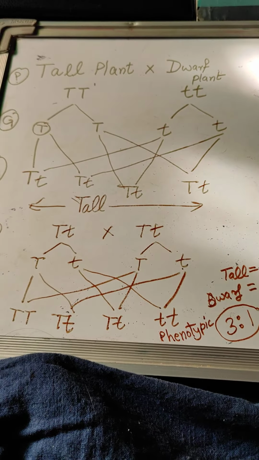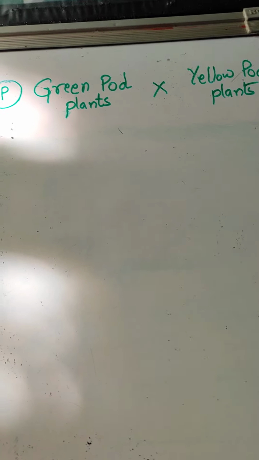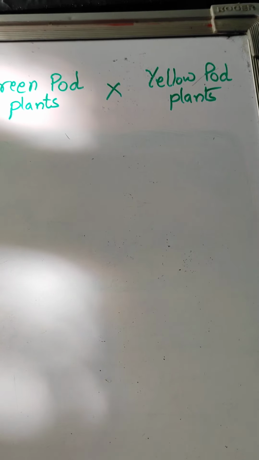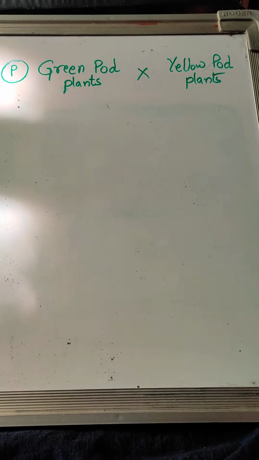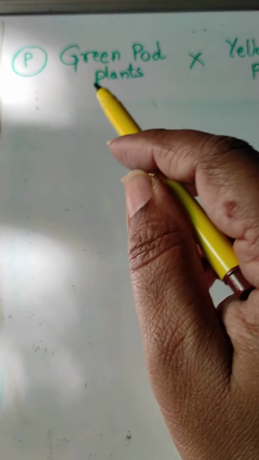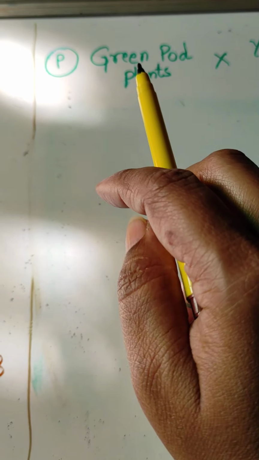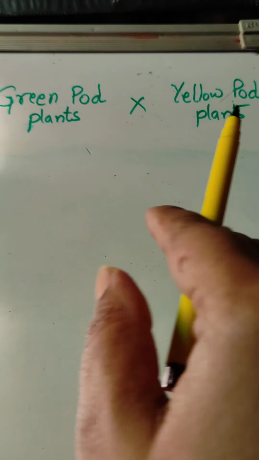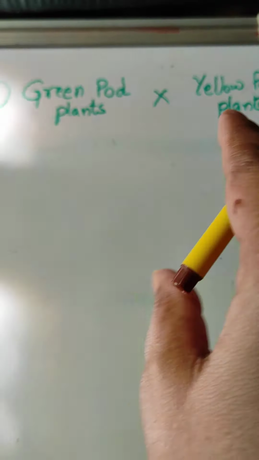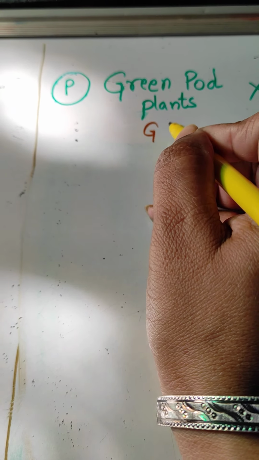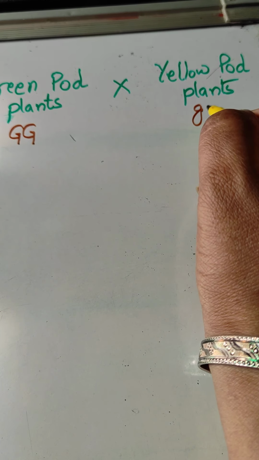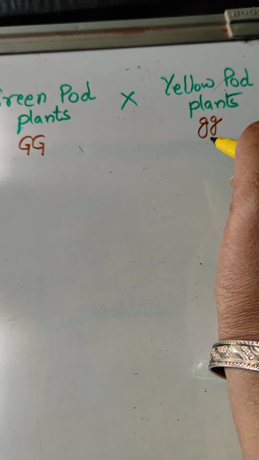Now the second example we have already taken was green pod and yellow pod plants. So the parents: phenotype is clear, green pod plants, and the other parent has yellow pod plants. Genotype: capital G capital G and small g small g.